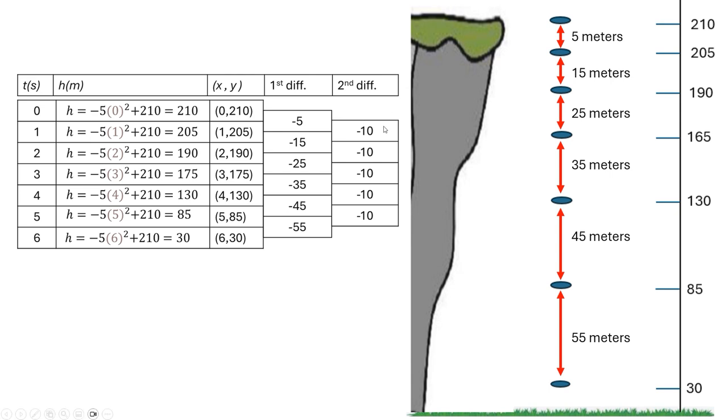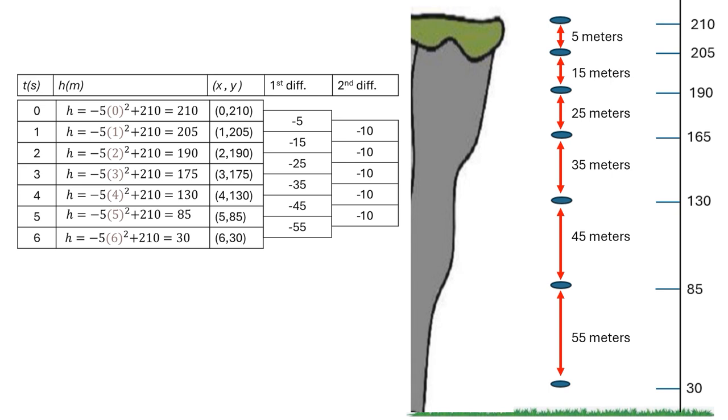Now let's look at the second differences and see what that -10 represents. What this is telling us is that after every second passes, the rock is falling 10 meters per second faster than it was the second before. So, falling 5 meters per second and then falling 15 meters per second a second later tells us that it's speeding up by a rate of 10 meters per second.